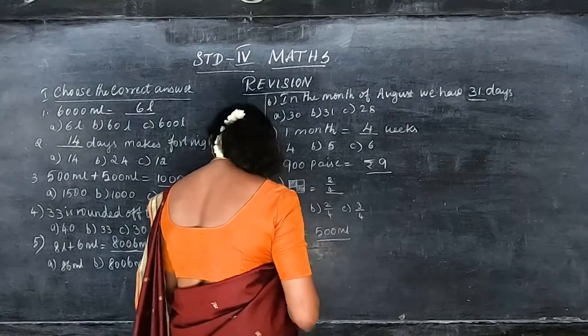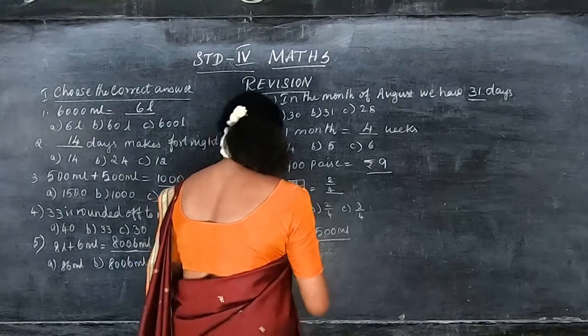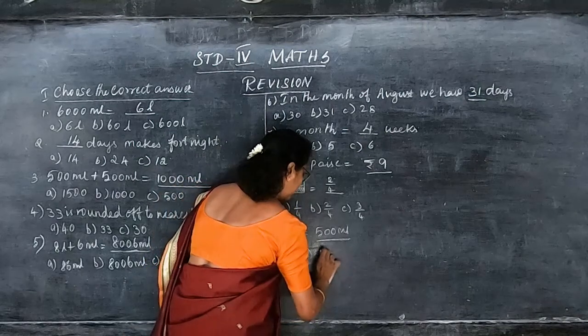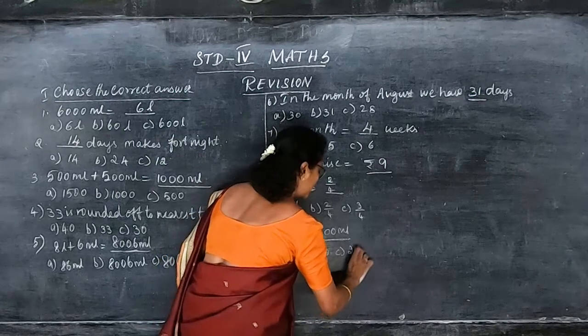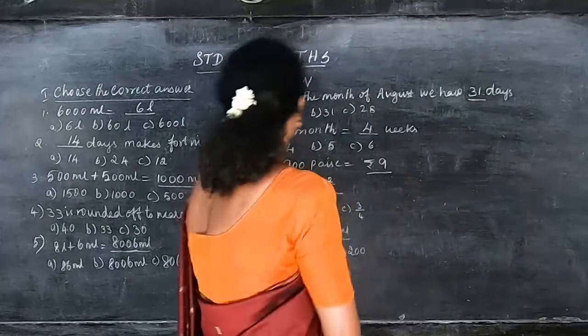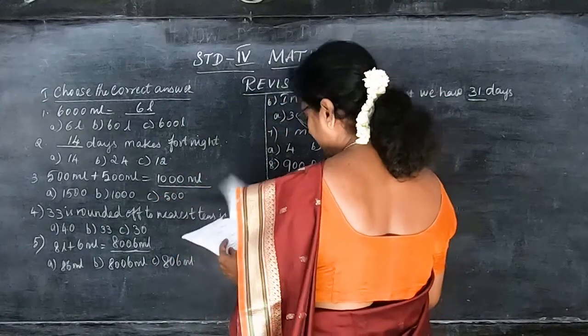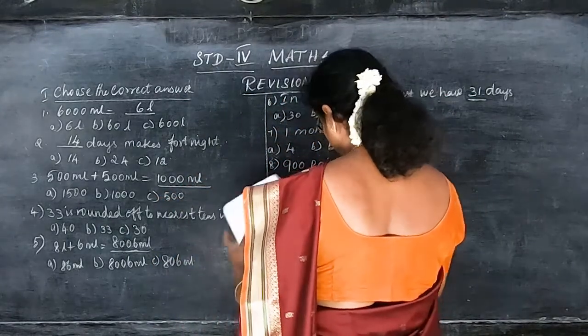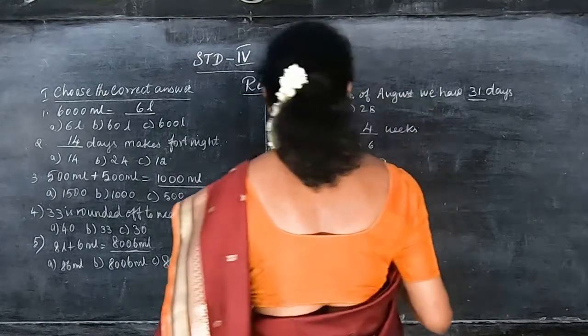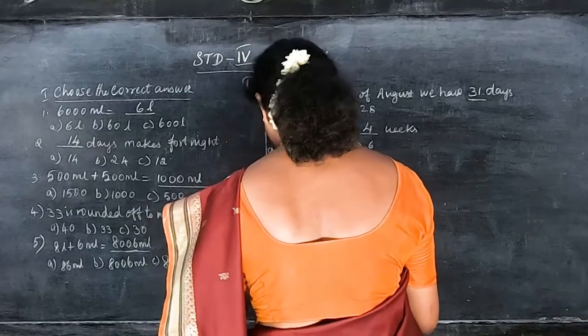The options given are 100, 500 and C is 200. So these are the choose the correct answer questions, 10 in total. And 1 month, 4 weeks. Okay.